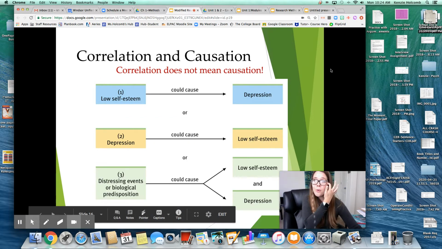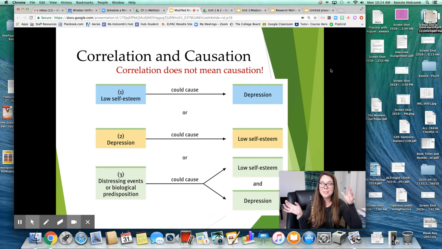So again, correlation and causation. If you've ever taken stats, correlation does not mean causation, okay? So it does not mean that it's a cause and effect relationship. Correlational studies are only judging the relationship. So low self-esteem could cause depression. They found the lower the self-esteem, the higher the depression. It's a relationship, but there's many factors that go into it. So we can't just say if you have low self-esteem, you're going to have depression, right?